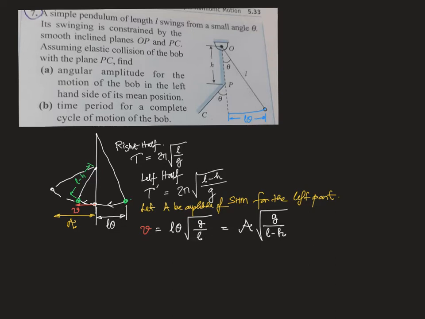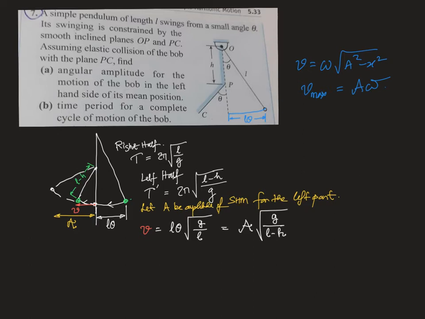Root G by L. Meaning V at any point is omega root over A square minus x square. So V max at the mean position, if you put x equal to 0, is A omega. For x equal to 0, it is V max, A omega. However, so this is A root G by L.